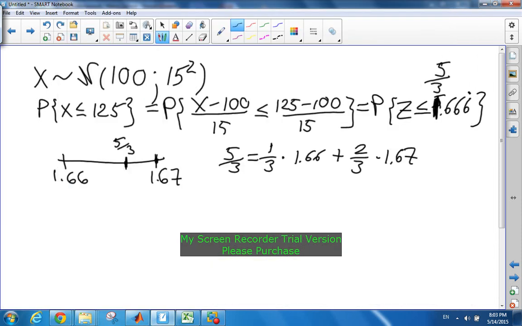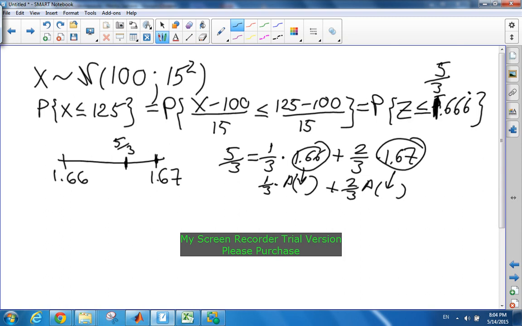Well, we can just say that the area is going to be 1/3 times the area that corresponds to this one, plus 2/3 times the area that corresponds to this one. However, this interpolation is rather complicated.